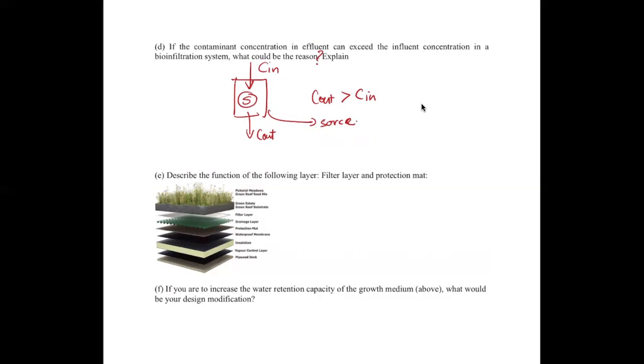So that's the reason. It can happen if your filter media is already polluted before and is now releasing all the pollutants. Or it could be contaminants which are being accumulated and grow. For instance, bacteria: just because you have 10 bacteria coming in, they can stay inside the system and grow to hundreds or thousands. So next time there is a rainfall, the concentration of bacteria is a lot more because they have been growing inside.